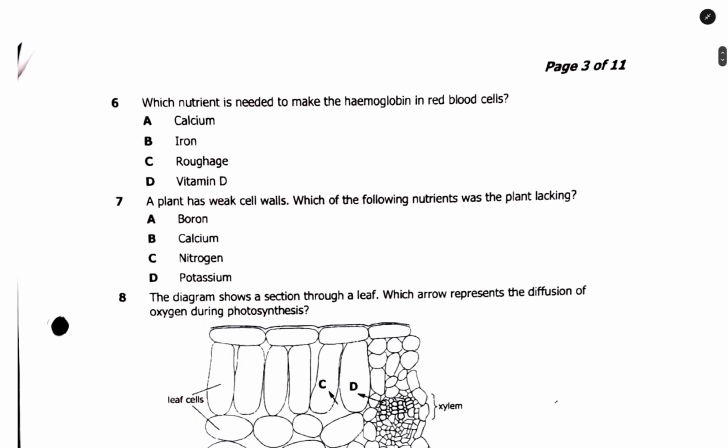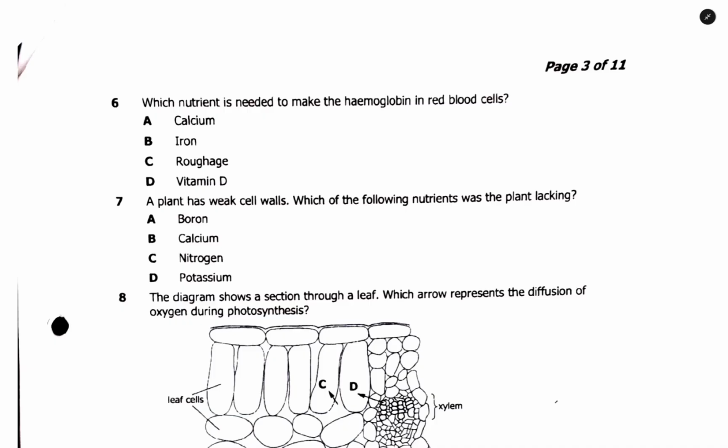Okay, let us go to question 6. Which nutrient is needed to make hemoglobin in red blood cells? So, calcium and vitamin D are normally used for strengthening of bones.